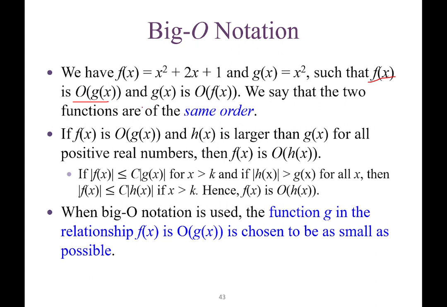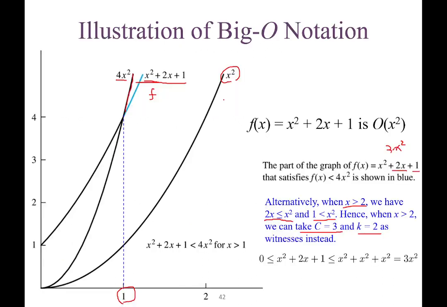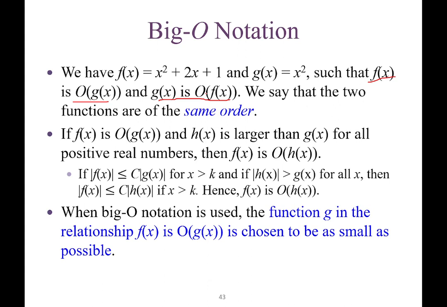Then we can also show that g of x is big O of f of x, because you can see this is x squared plus 2x plus 1 and this is x squared. So x squared is always dominated by x squared plus 2x plus 1. So we can say x squared is big O of f of x.